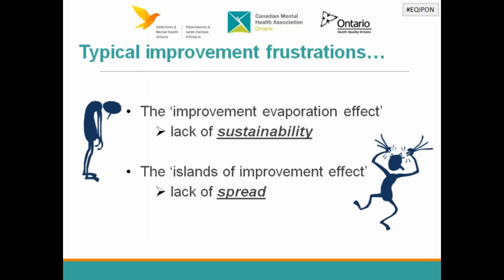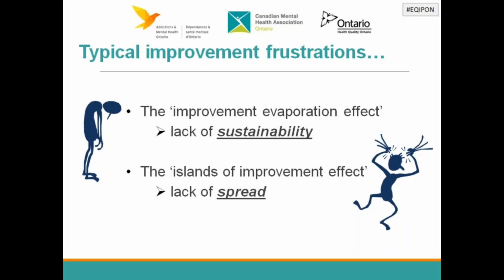So two typical frustrations, and if you're anything like me, maybe you've been pulling your hair out at these frustrations in the past. One is the improvement evaporation effect, and so that speaks to lack of sustainability, and that's, we have a great improvement, something's going really well for a while, and then time goes by and that improvement evaporates.